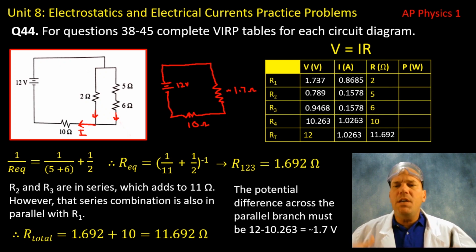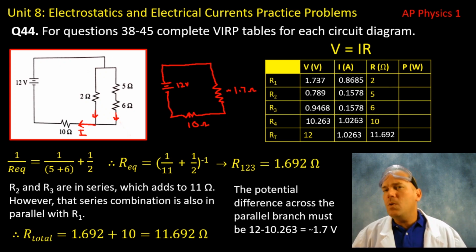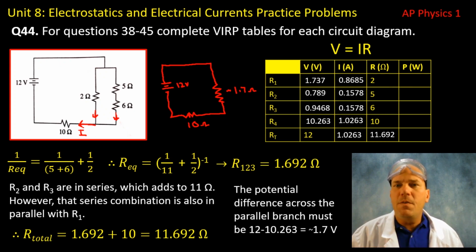Now we can use Ohm's law and simply calculate the potential difference for both R2 and R3. And what you'll see is those will add up correctly to give you the total amount. So you'll have a total of 12 volts across the entire circuit.